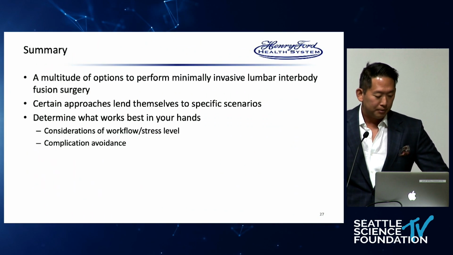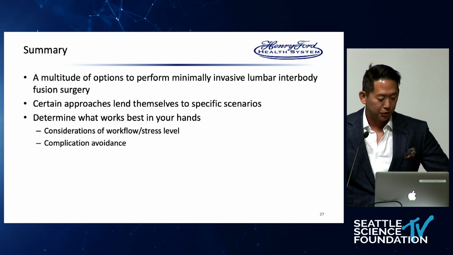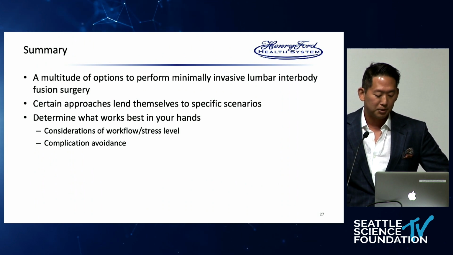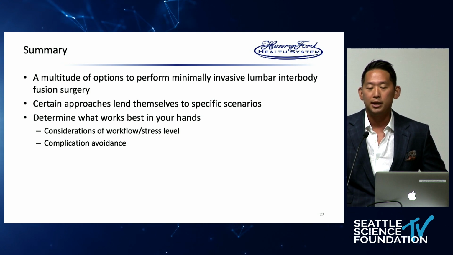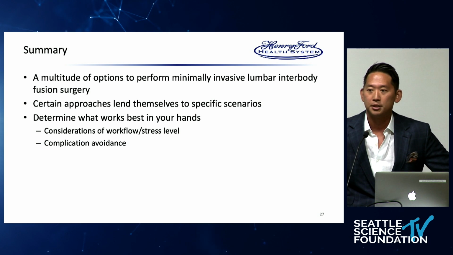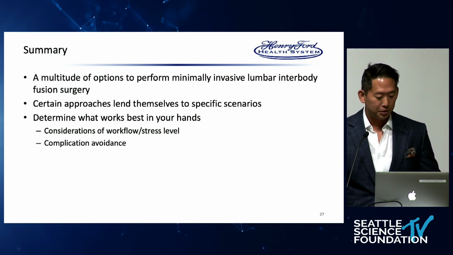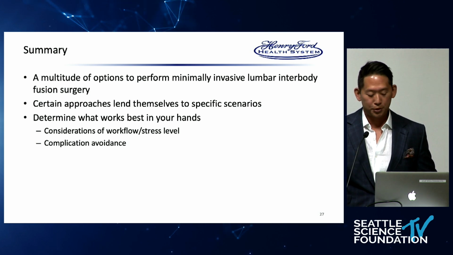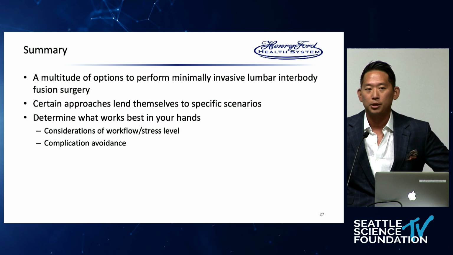So in summary, there's a multitude of options to perform minimally invasive lumbar interbody fusion surgery. Certain approaches lend themselves to specific scenarios, and I think individually as surgeons, you have to determine what works best in your own hands. So when your patient comes to you, you see the pathology, you think about what works in your hands, you think about things like workflow and trying to lower your stress level.